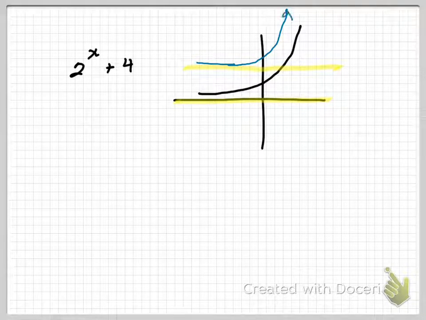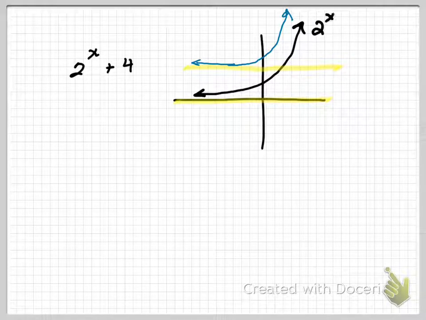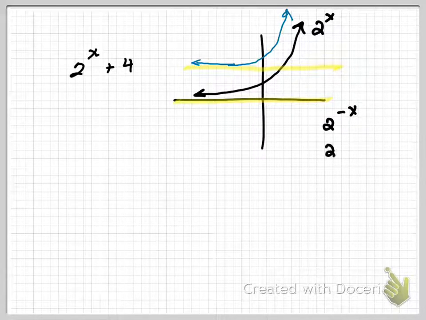So you kind of see there how shifts work. Likewise, you can shift it left, right, you can reflect it. So if I had, in black here, that was 2 to the x. Let's say I'm interested in 2 to the negative x. So 2 to the negative x is like 2 to the negative 1 times x, and then 2 to the negative 1 is just 1/2.